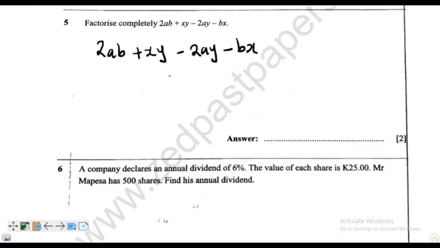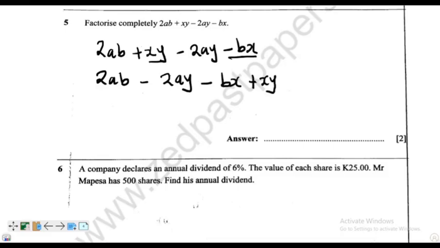Now we have to be very careful with such questions. So the way we are going to group this, we are going to say 2ab, we'll pair it with a negative 2ay. Now here I won't start with the positive xy, I'll start with the negative bx, then plus xy.